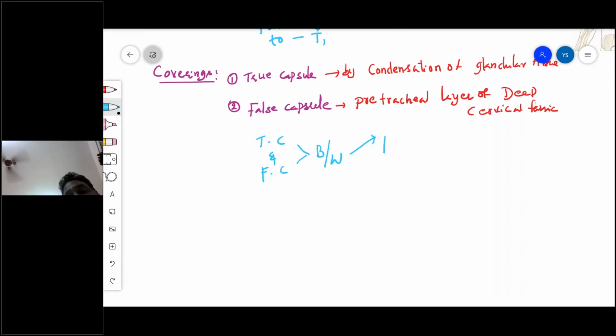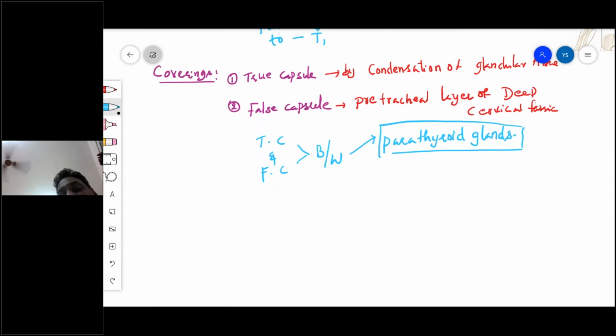That is the parathyroid glands. This could be highlighted here. Clinically and surgically, this point is important. Between the true and false capsules, we can see the parathyroid glands.